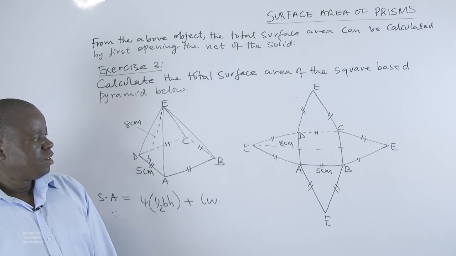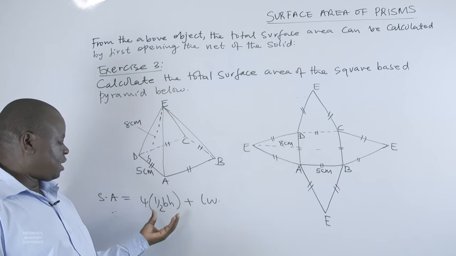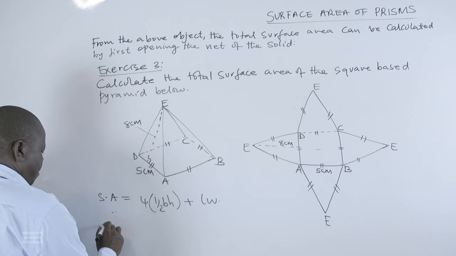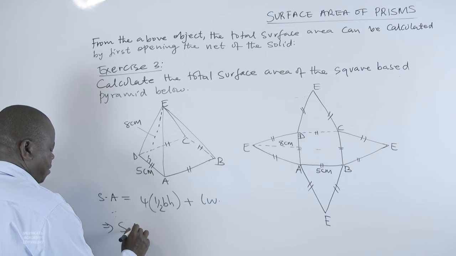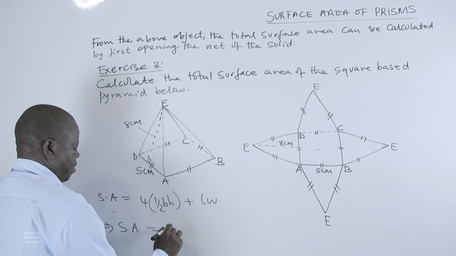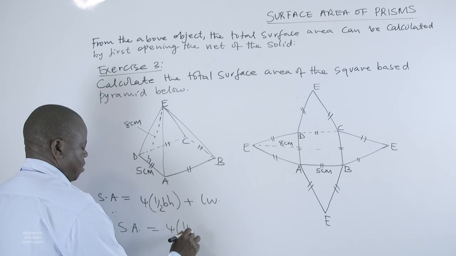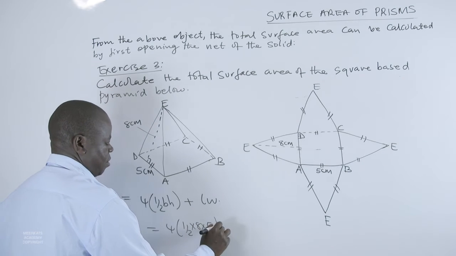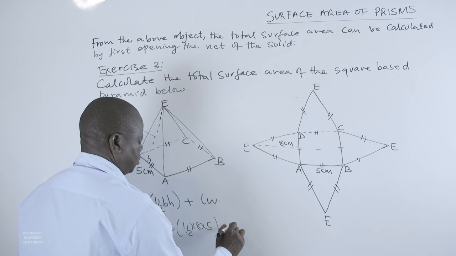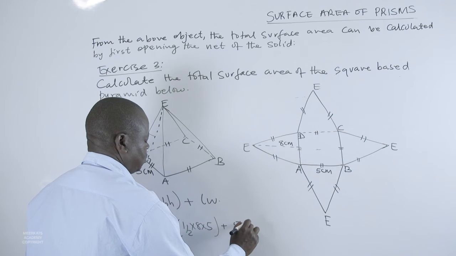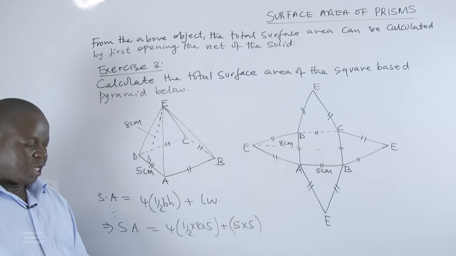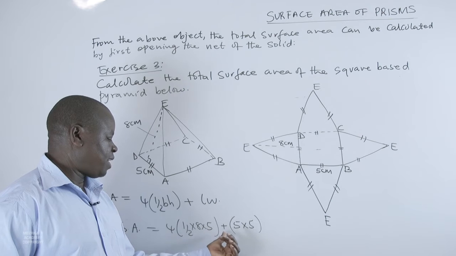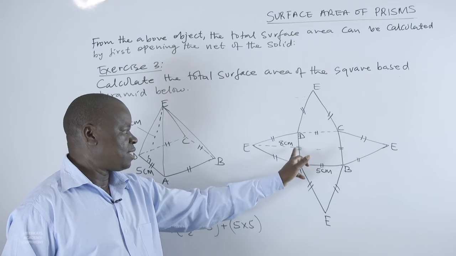If they are similar, we just get the area of one, then multiply by 4. So we'll get 4 into a half times 8 times 5 plus 5 times 5, because the base is a square.